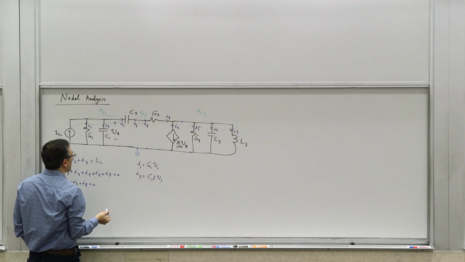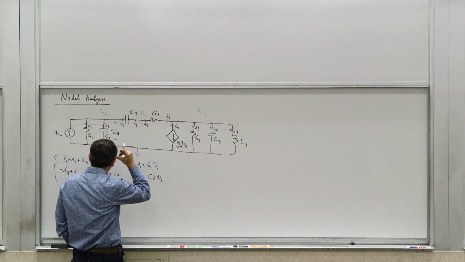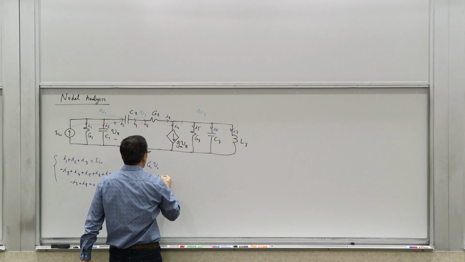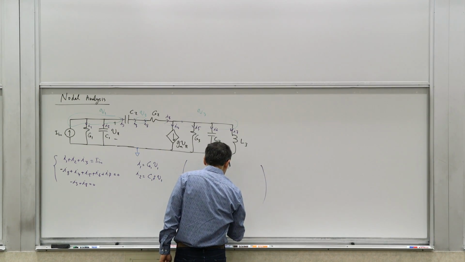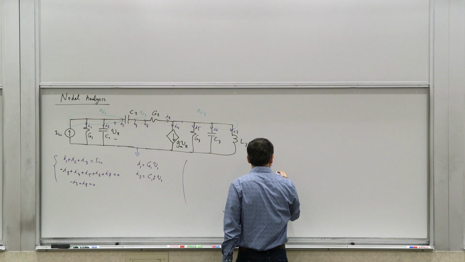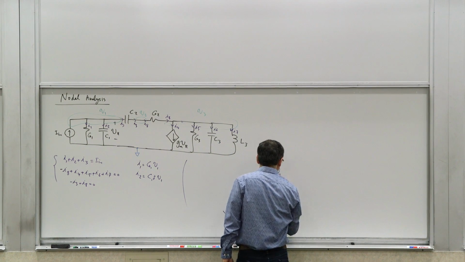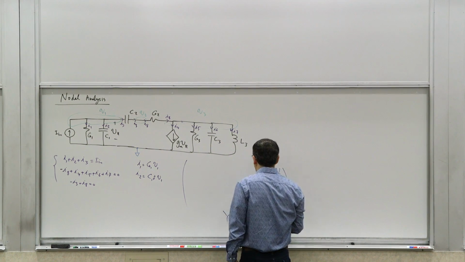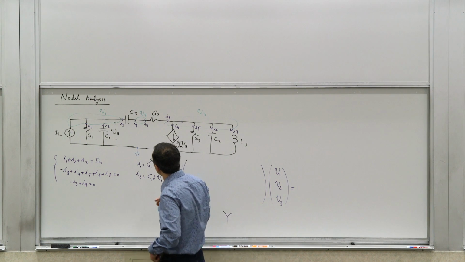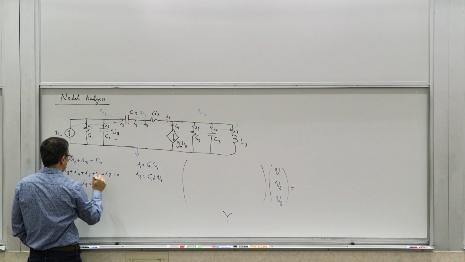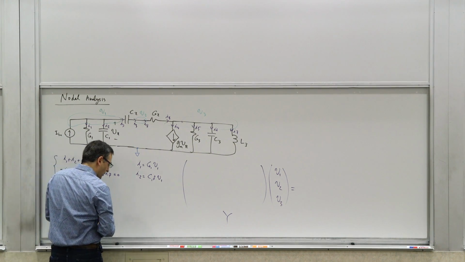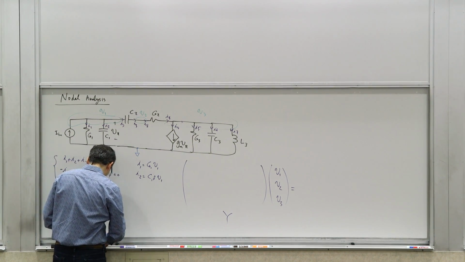So when you write all of those, what you will see is that you will come up with a Y matrix, multiplied by V1, V2, and V3. So let's write these equations in this form quickly.